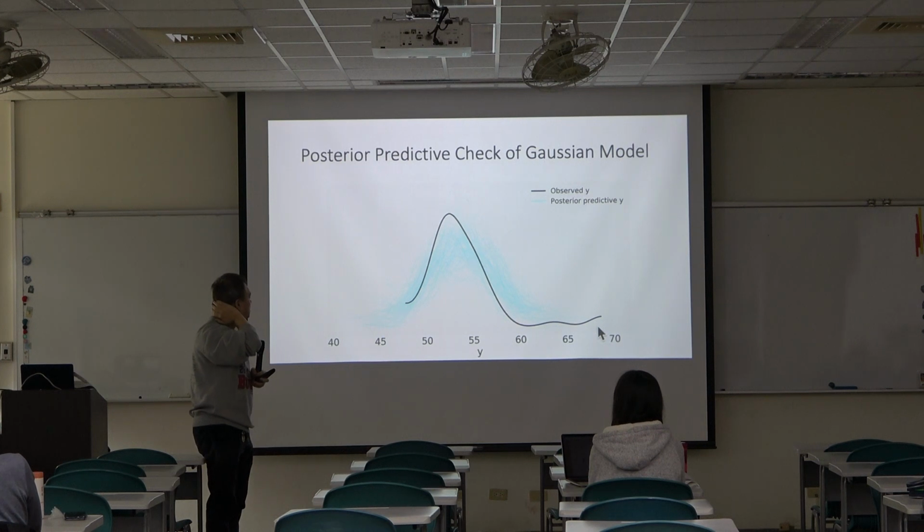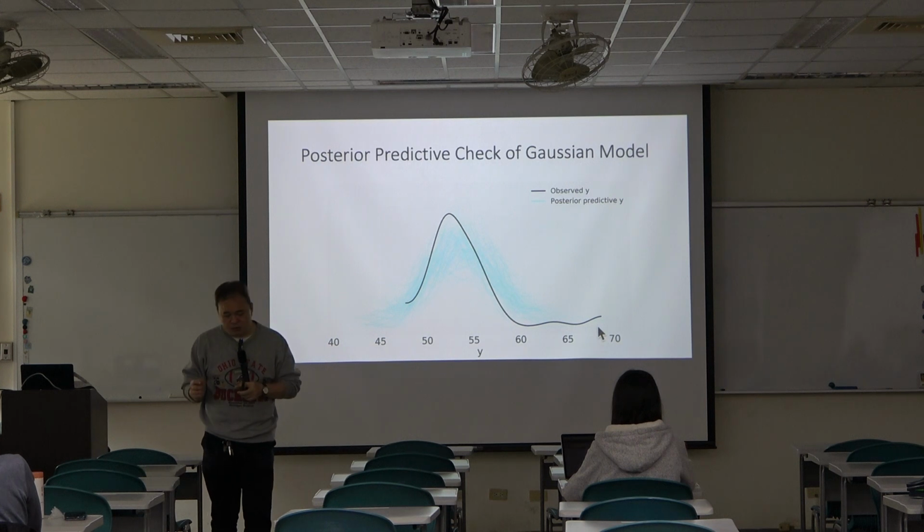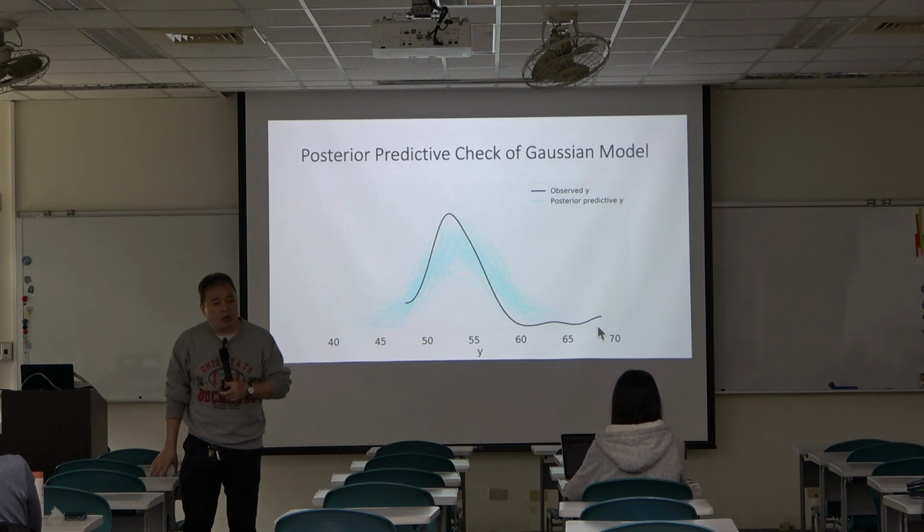But if you want to see how much the predicted samples deviate from the mean, that's a little bit difficult to observe. I just want you to notice what model we use.